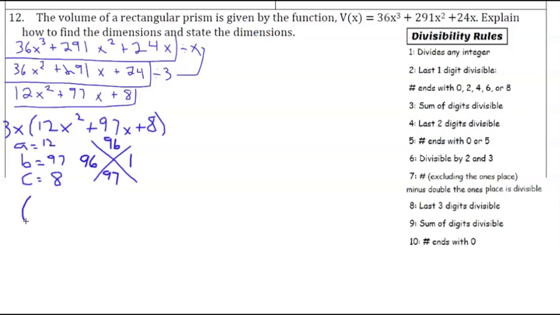So from there, we'll write our factors, x plus 96 and times x plus 1. We'll divide by our original A value, which was 12, and then simplify the fractions. 96 divided by 12 is 8.